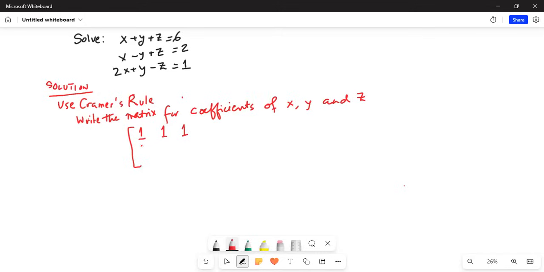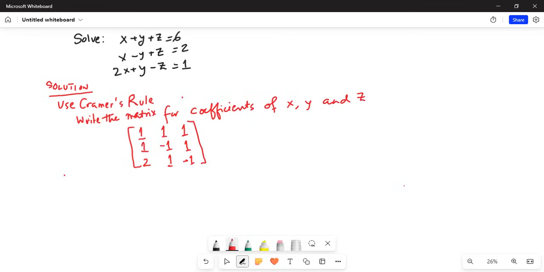The coefficients in the second equation are 1, minus 1, and 1. And in the third equation, the coefficient of X is 2, of Y is 1, and of Z is minus 1. So this is the matrix.